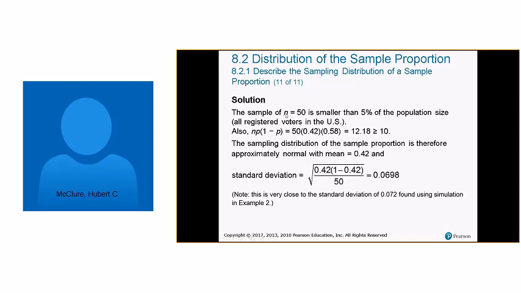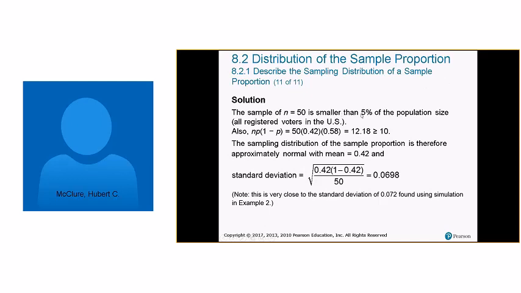So, 50, the sample size n is smaller than 5% of the population size. Think of the population of all registered voters in the United States. Well, there's 350 million people in the United States. How many registered voters you think is going to be? If it was half, that would be what? 175 million?